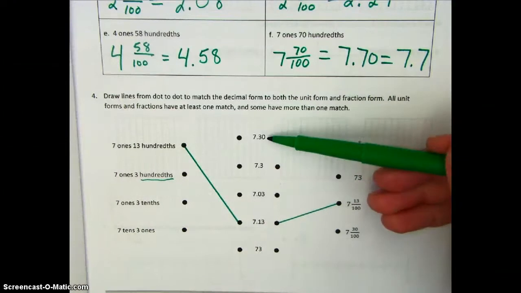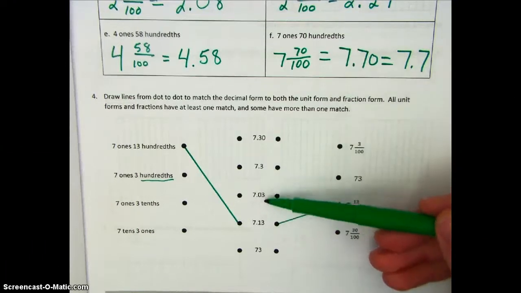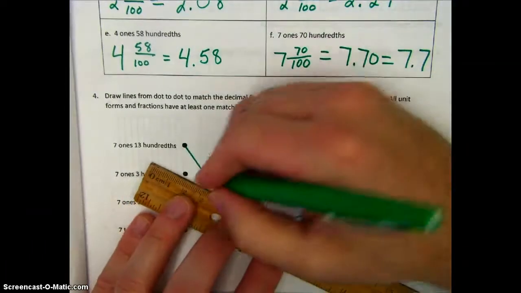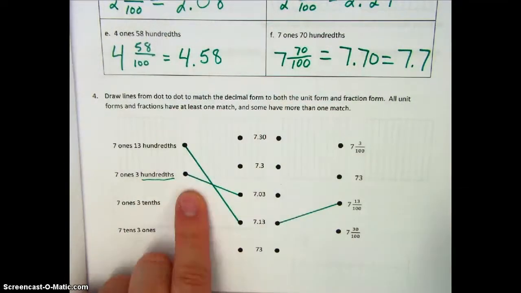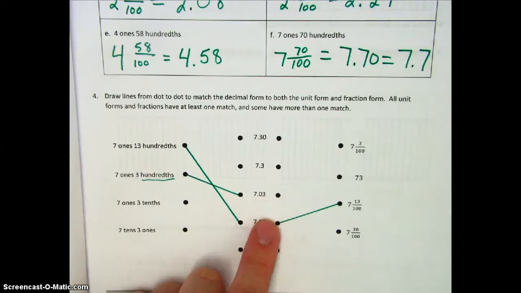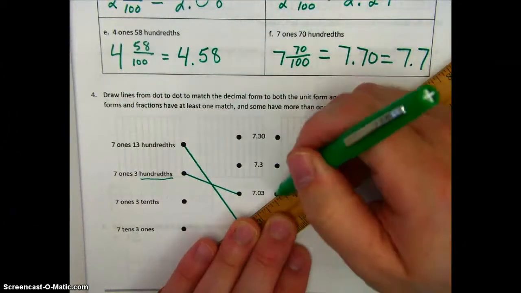Looking through our middle section, this is 30 hundredths, 3 tenths, and here's our 3 hundredths. So I'm going to connect these two dots. And then again, coming over here to our fraction, we see this first one listed here is our 3/100ths. So now I can make this connection here.